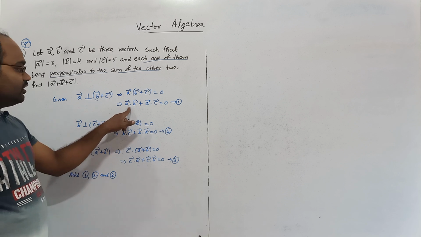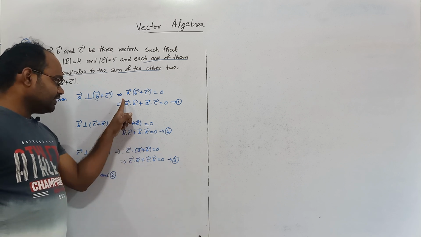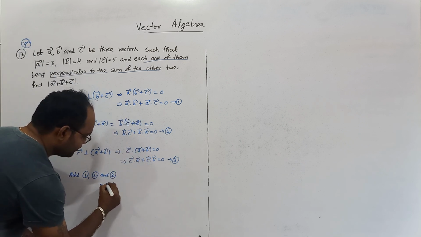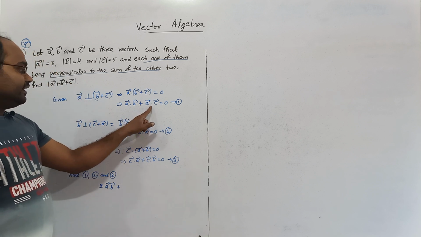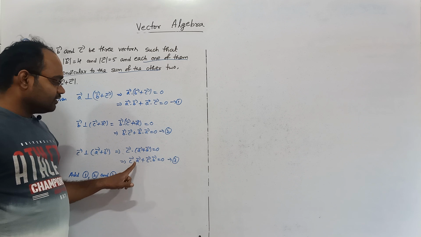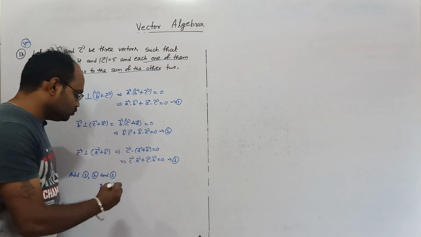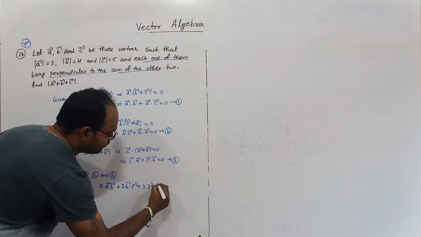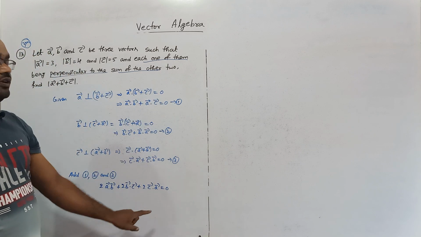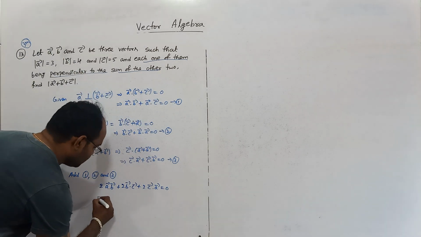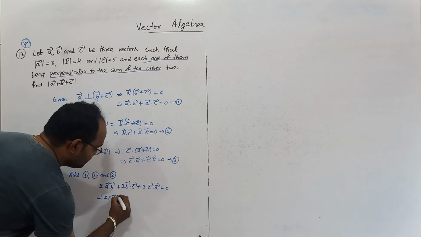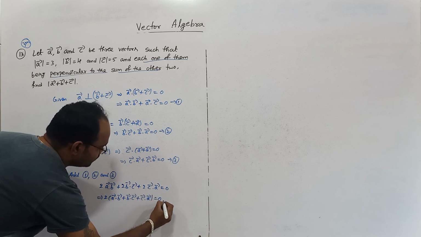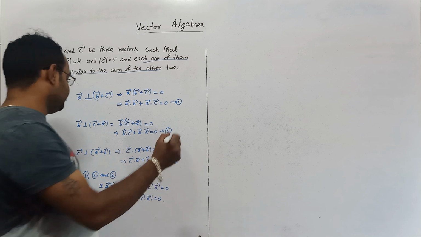What happens? a dot b and b dot a are equal. So a dot b plus a dot b becomes 2 times a dot b, plus a dot c is same as c dot a and b dot c is same as c dot b, so we get 2 times everything. So 2 times a dot b plus 2 times b dot c plus 2 times c dot a, all these will be equal to RHS, which is 0 everywhere. So 0 plus 0 plus 0 it is 0. Taking 2 common, a dot b plus b dot c plus c dot a, all these values will be equal to 0.